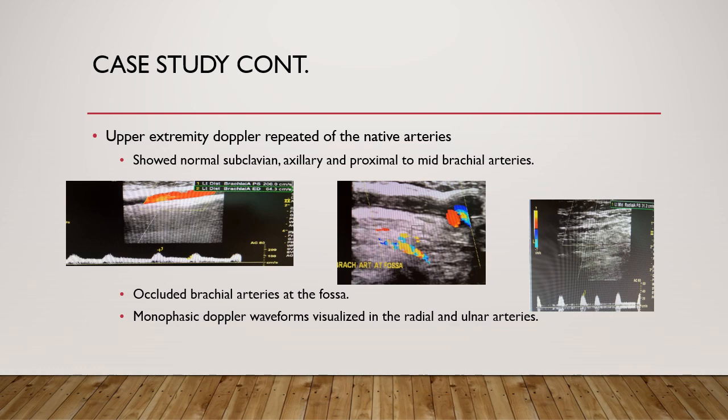So the monophasic and abnormal waveforms visualized in the radial and ulnar arteries is due to this third image here, where there is a total occlusion of the brachial artery at the fossa. So sometimes you have to go a step further when studying patients with dialysis access.